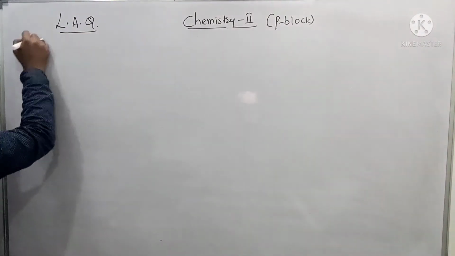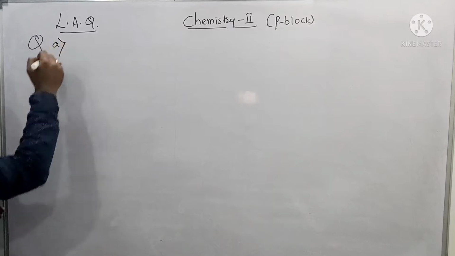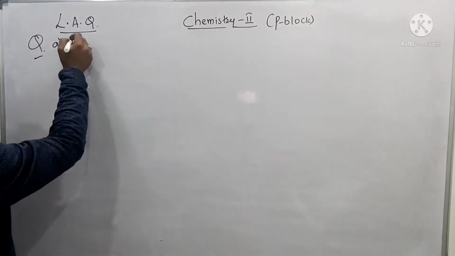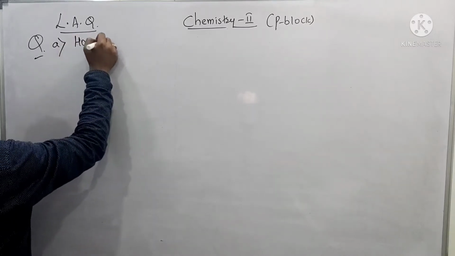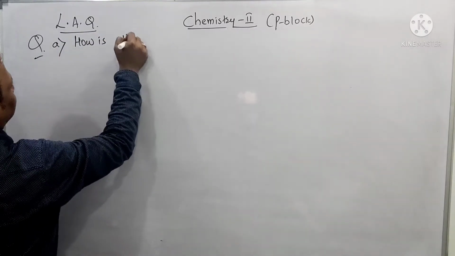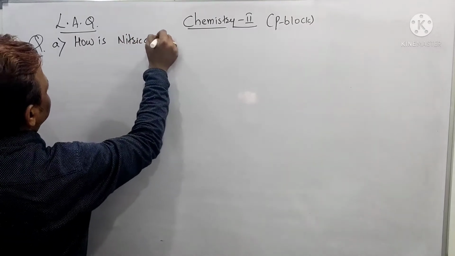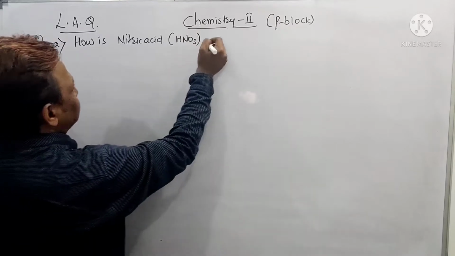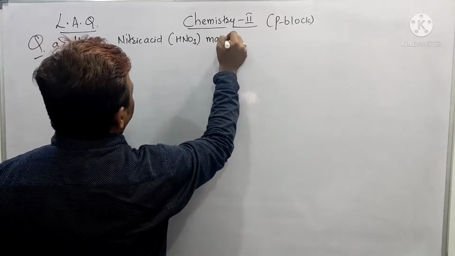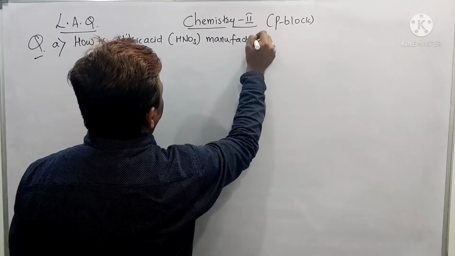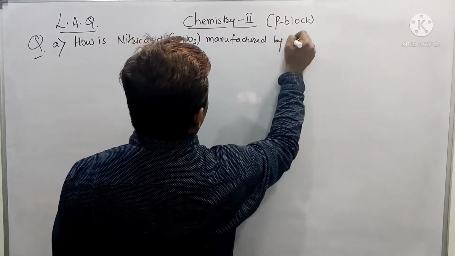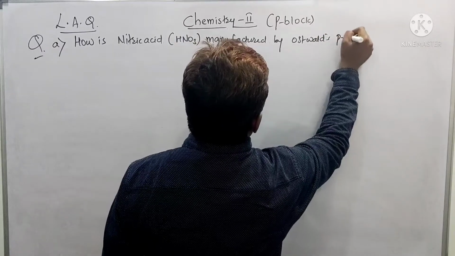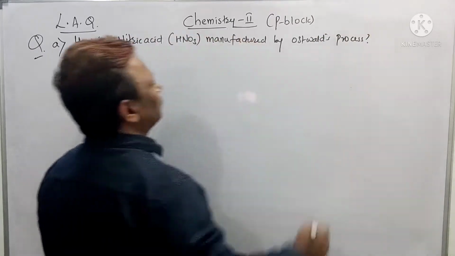Now the second question which I am going to write, part A: how is nitric acid manufactured by the Ostwald process? Do you know the formula of nitric acid? Very good. Sir, how can nitric acid be manufactured by the Ostwald process?